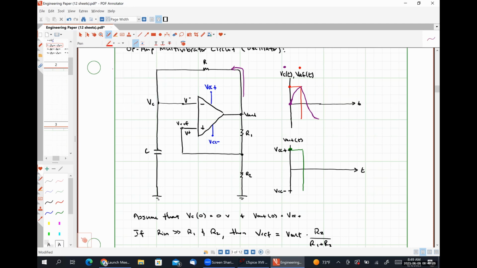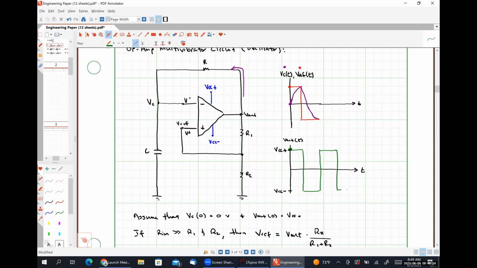When our capacitor voltage hits our new negative reference voltage, our output voltage swings back up and the cycle starts again. And so this just repeats over and over and over.